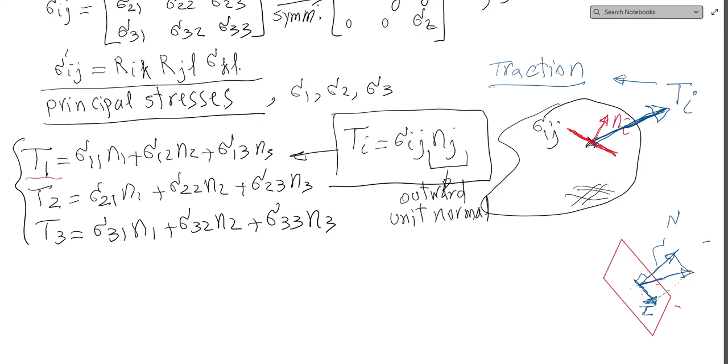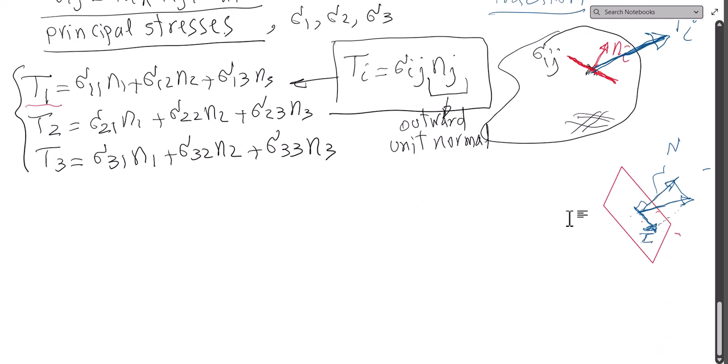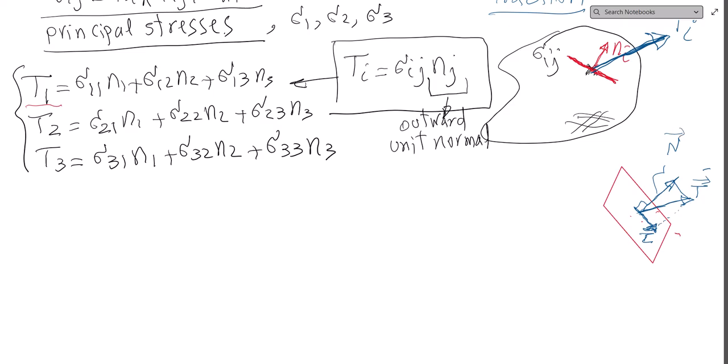So please be aware that if you choose a different plane, these components will change. And depending on the plane, you will get your traction. So this is my T as a vector, N and tau as a vector.